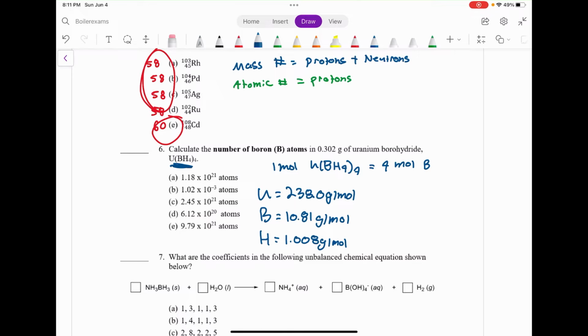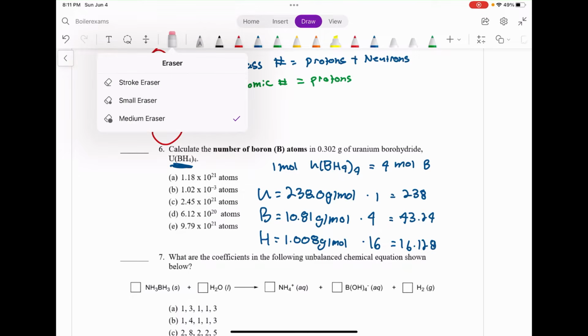We're going to have 1 uranium atom, 4 borons, and then 16 hydrogens. Take those and add, okay, what does that equal? 238, 10.81 times 4, 43.24, times 1.008, 16.128. Add these up.